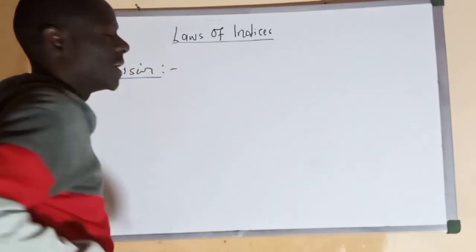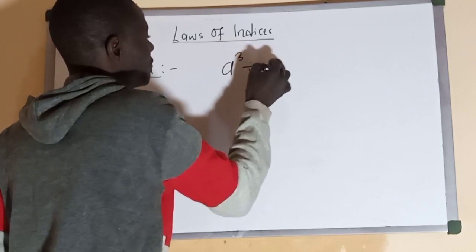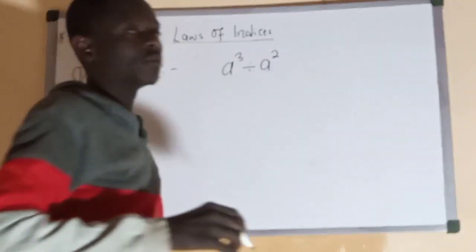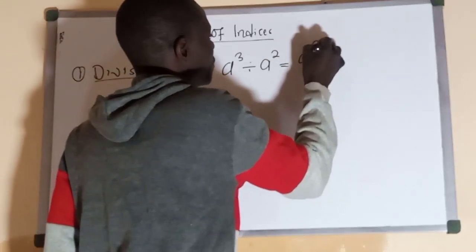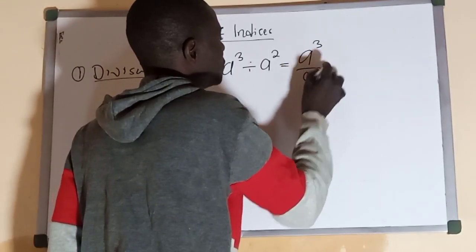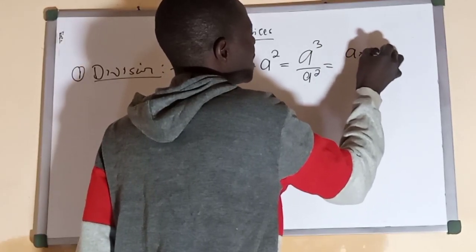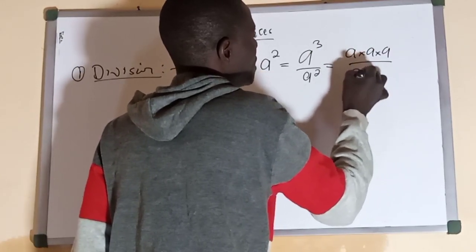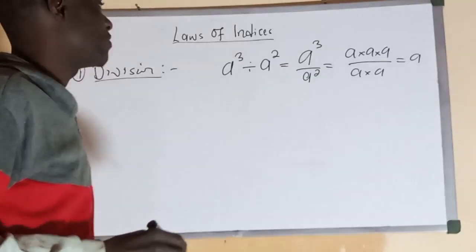Consider other numbers. Assuming we have a raised to the power of 3 divided by a raised to the power of 2, this is the same as a times a times a all over a times a, which is equal to a. I hope we are following.